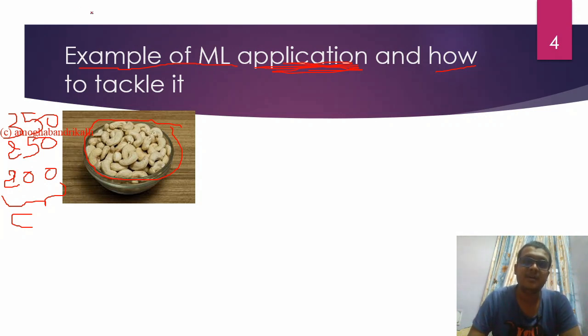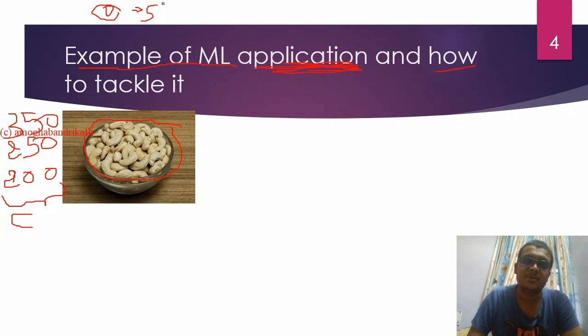By seeing with our naked eyes, we can find some of them, as we have some training that we got from our parents and well-wishers to guess the quality of our cashew nuts. So by human observation we can make a difference between a 350 rupees cashew nut, a 250 cashew nut and 200. You can think of what the main differences can be over there.